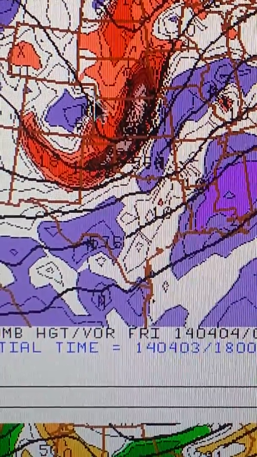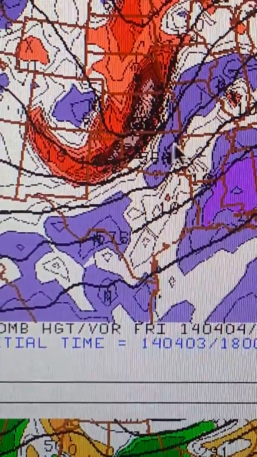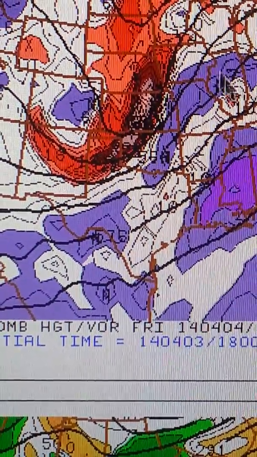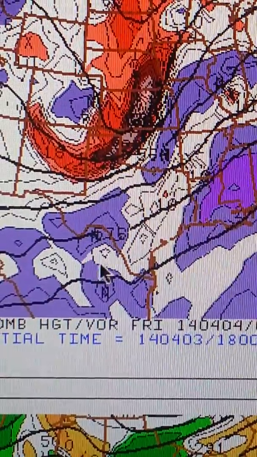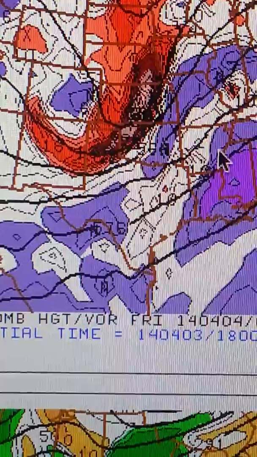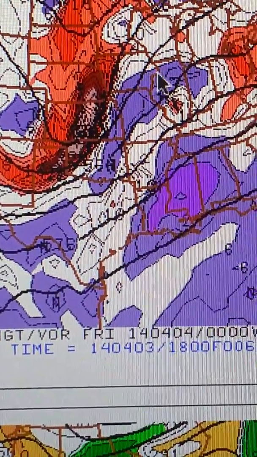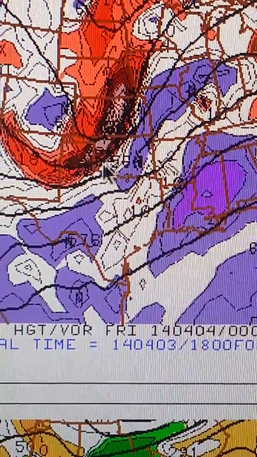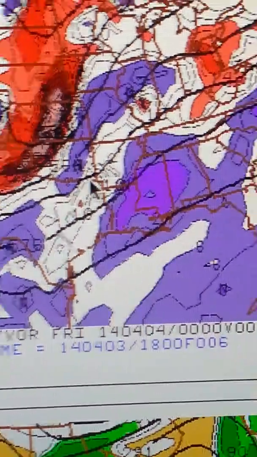So what you have here is this trough is going to continue to swing eastward, and your main threat for severe weather is on the eastern side of this trough and the southeastern side of this trough. So you can see how central Texas, eastern Oklahoma, western Arkansas, Missouri, back through Illinois, and northwestern Louisiana, they're all on the eastern and southeastern side of this trough moving through.